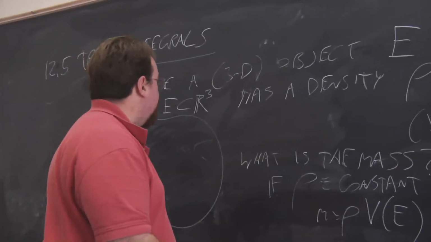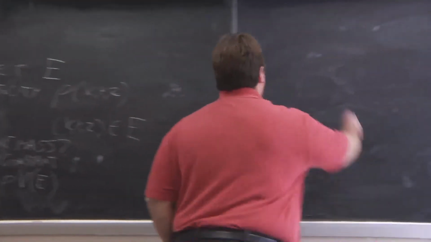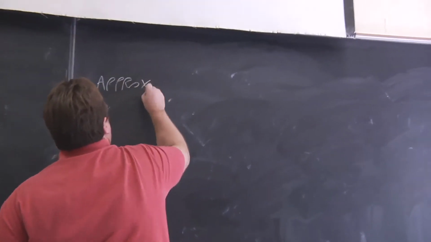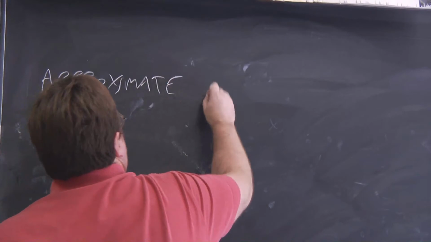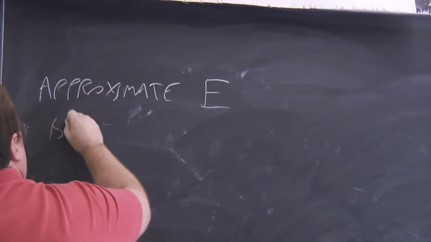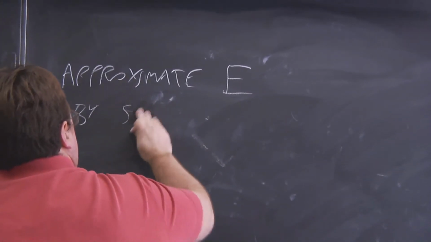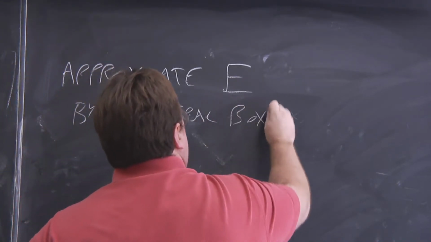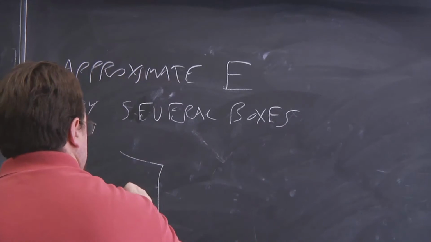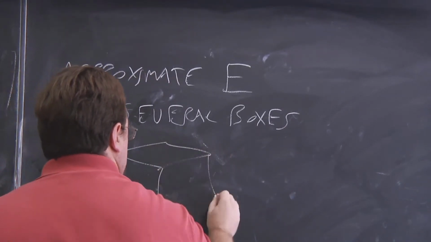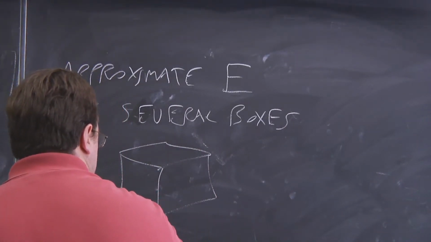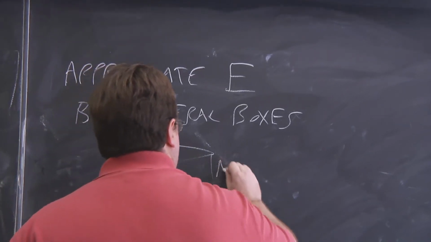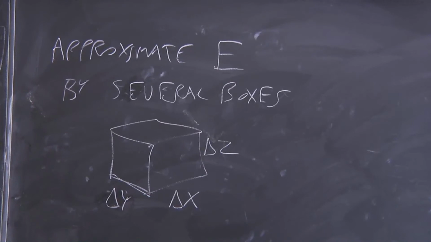So what you can do is approximate E by several small boxes that have dimensions delta x, delta y, and delta z.